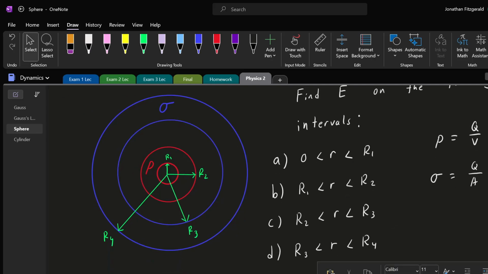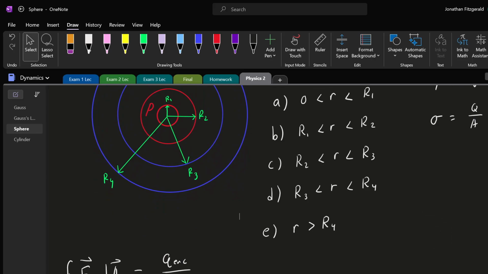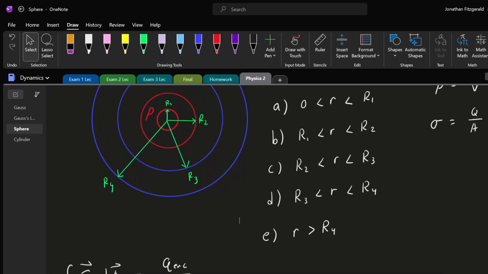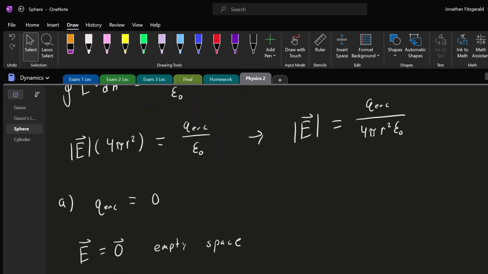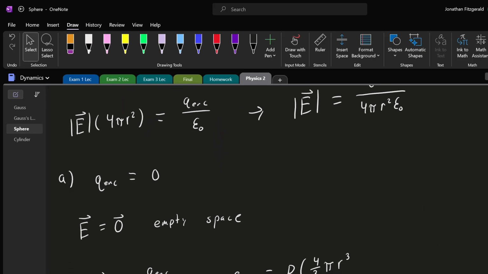We can't just call it R2 because we have to account for every possible radius of the Gaussian sphere. So our outer radius is just going to be little r, and our inner radius is R1. That gives us rho times 4/3 pi little r cubed, the outer sphere, minus the inner sphere, 4/3 pi R1 cubed.